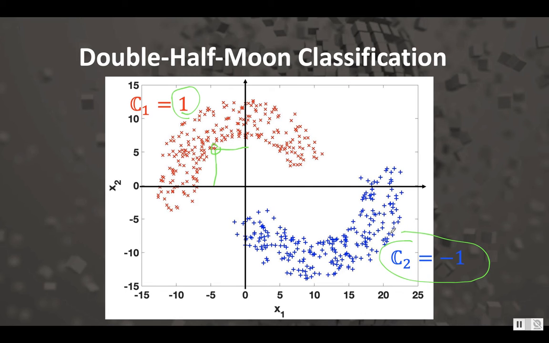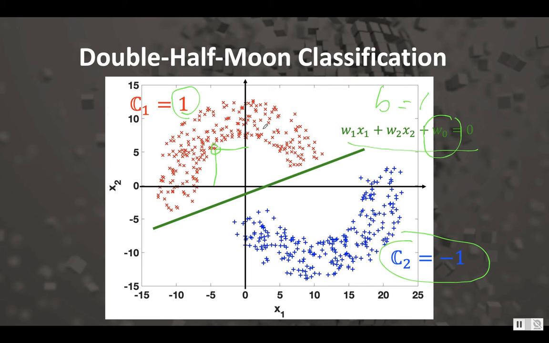Since these two groups can be linearly separated, we can find such optimum W1, W2, and W0, which makes W1 x1 plus W2 x2 plus W0 equal to 0. Here W0 is the weight for the bias, and the bias equals 1.